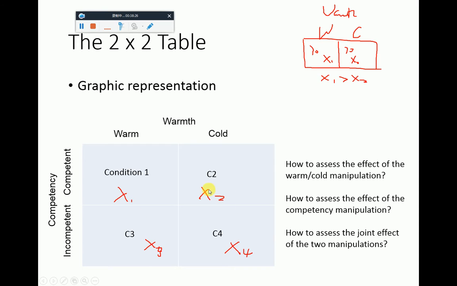How do we do that? Well, then what about when Aaron is described as cold competent, and when he is described as warm incompetent? How do we assess the joint effects at once, right? Okay, so the remaining part of this class will focus on answering these 3 questions.